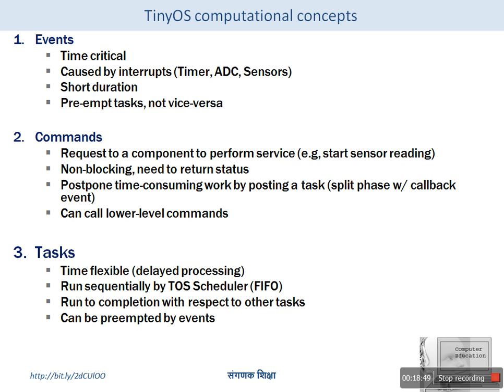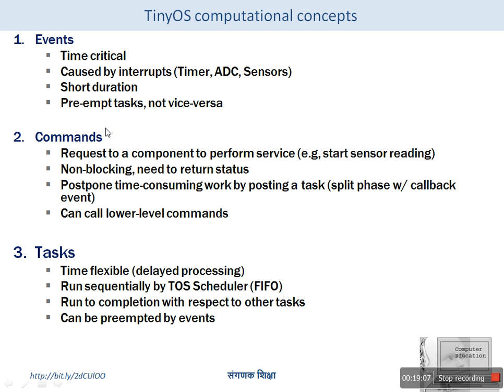So these events may preempt some task. Preempting a task means a task is going on, they can stop this ongoing task and override its priority. So these are events.